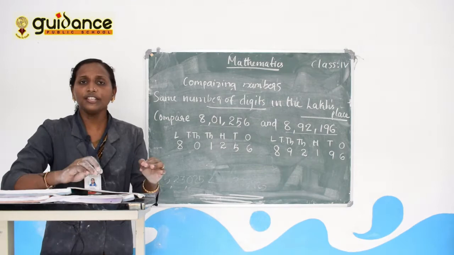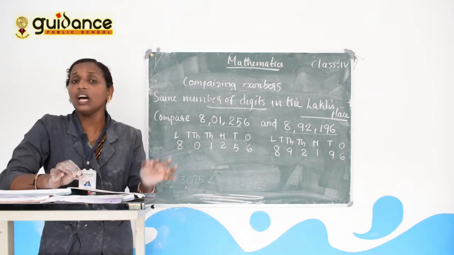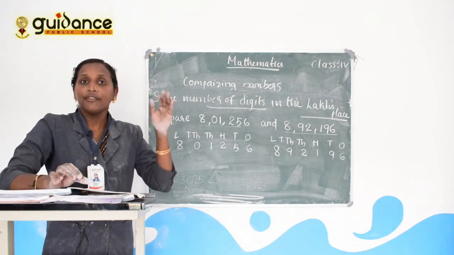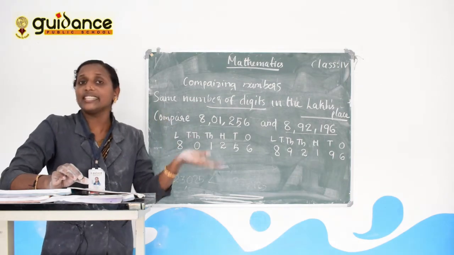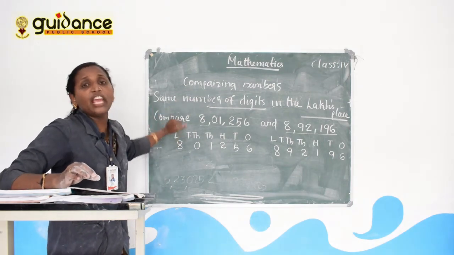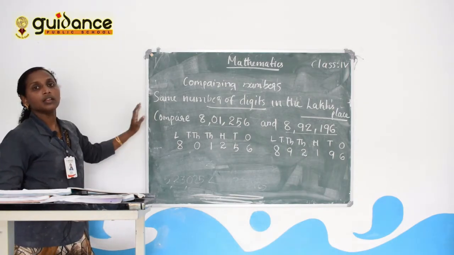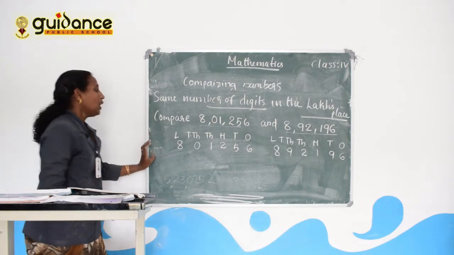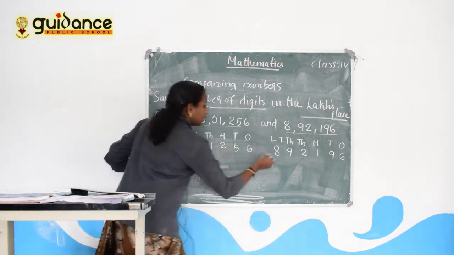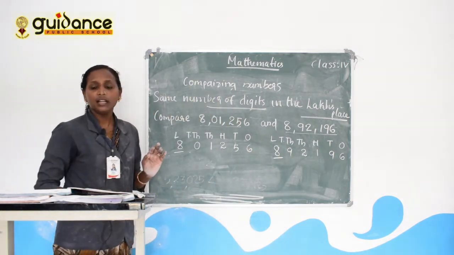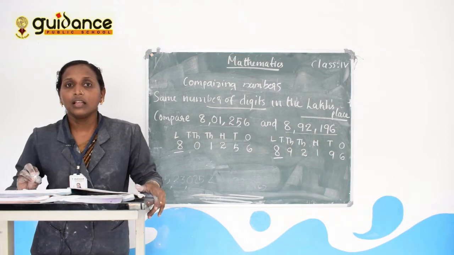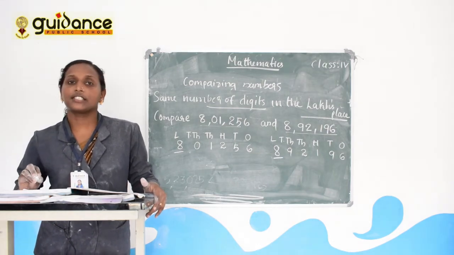So what I told: we compare numbers with equal digits, starting from the extreme left. Look at this question. The extreme left digit is the same in both numbers, 8.